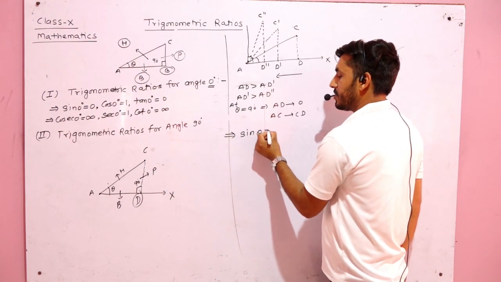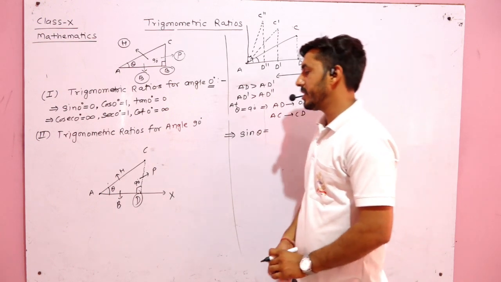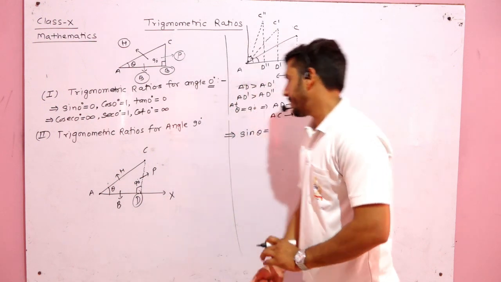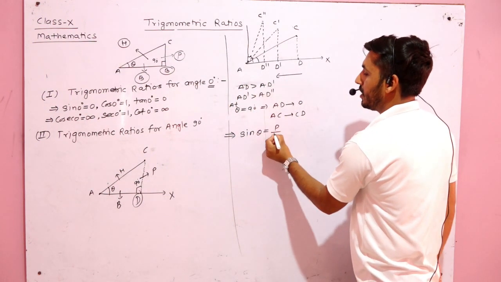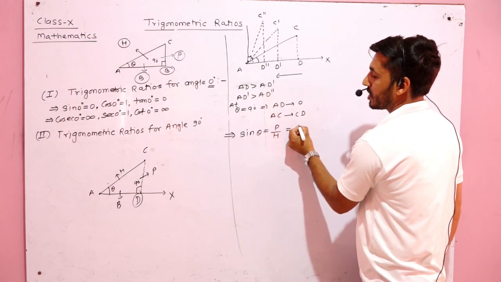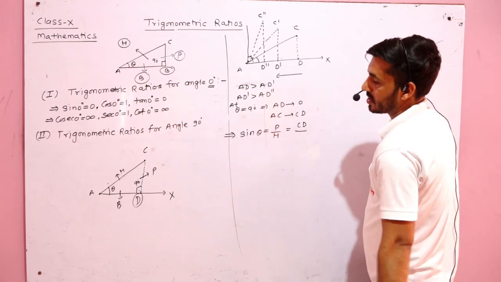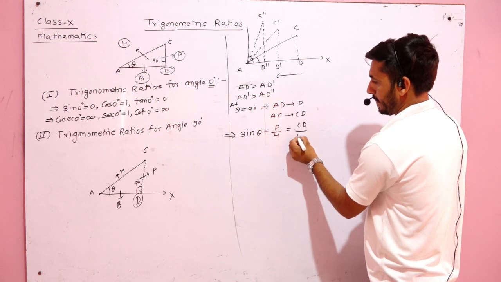Sine theta is given by perpendicular by h. It means P upon h. P is given by CD, and h is given by AC.